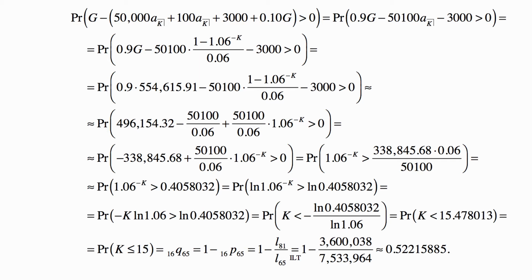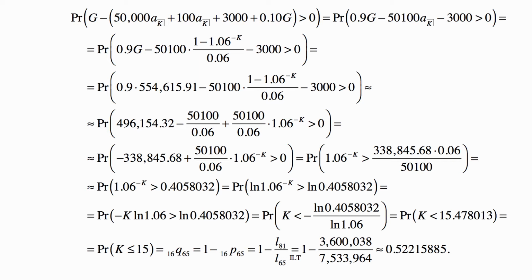The company pays a life annuity immediate, so payable at the end of the year. And one very important observation is that if the person dies during the year, then there is no payment at the end of the year. So it's a life annuity immediate a angle K of the benefits of 50,000, and then also a life annuity immediate of expenses of 100.